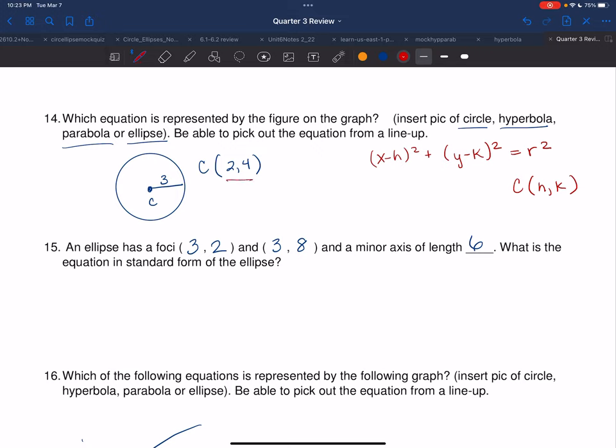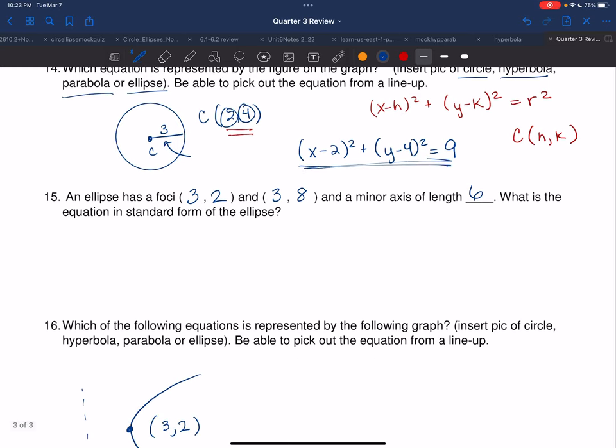So now that I know what my center is, I can go ahead and write my equation. So I have (x minus 2) squared plus (y minus 4) squared. See how the h and the k come in? Equals, and then my radius is 3, so I square that and I end up with 9. So there's my equation.